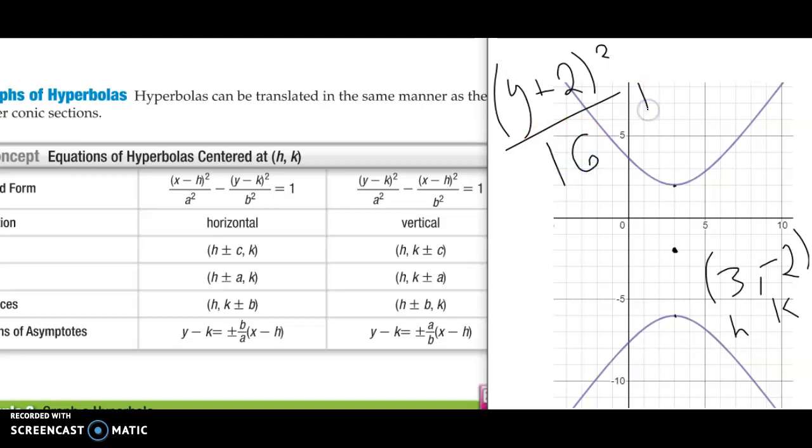Okay, then I will, not add, I will subtract the x minus h, and since h is 3, that'll be there. And then that's going to need to be over b squared. And I'll tell you guys what, for today, since we're not going through and totally figuring this out, you can just leave that blank for now.